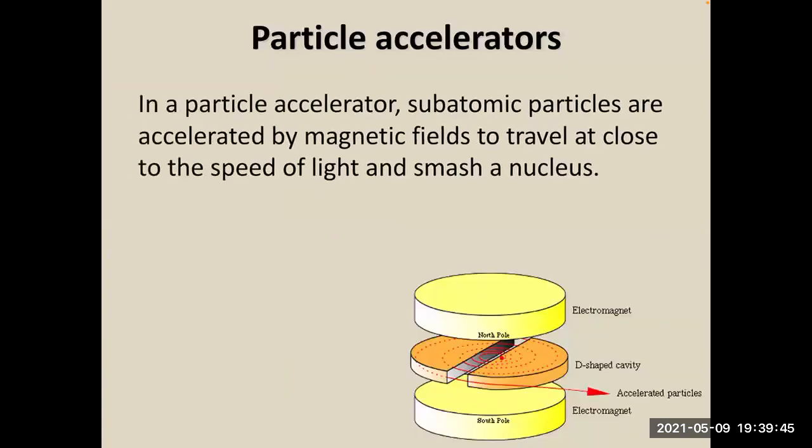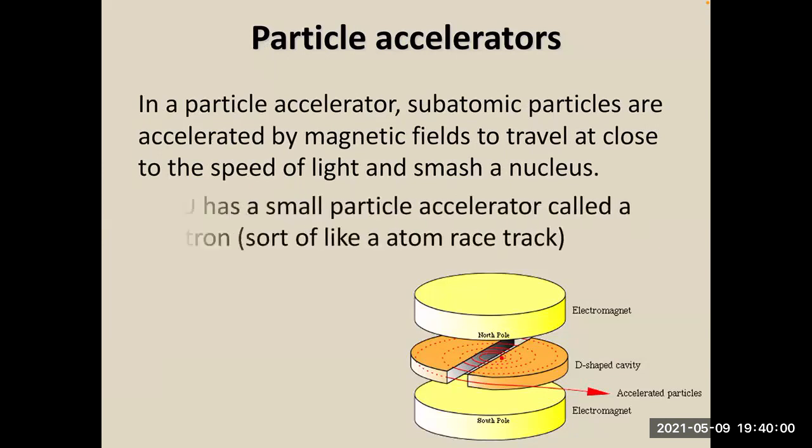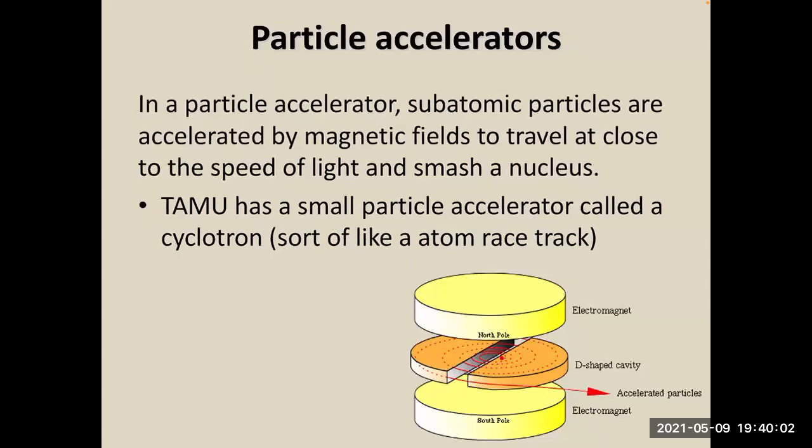All right, a particle accelerator, this is where we make our new elements. Subatomic particles are accelerated by magnetic fields to travel as close to the speed of light as possible, and then smash into a nucleus. A&M has a small particle accelerator called the cyclotron, sort of like an atomic racetrack.